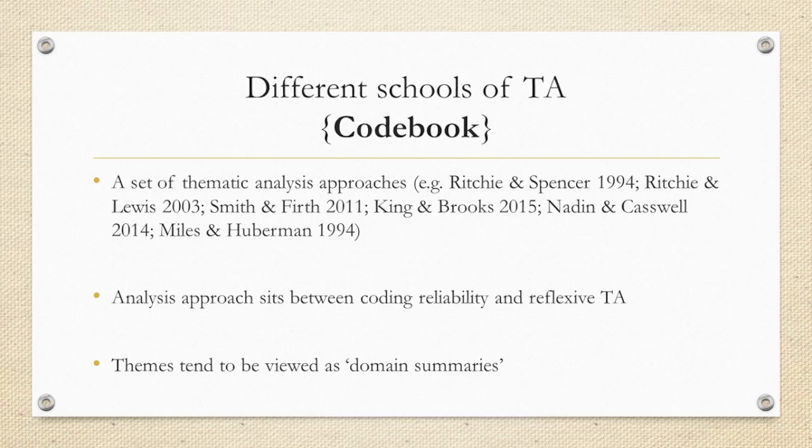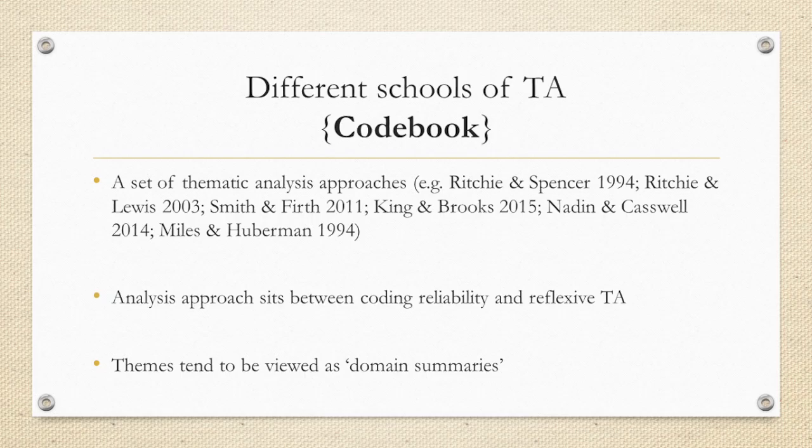It includes the framework approach by Ritchie and Spencer, 1994, Ritchie and Lewis, 2003, Smith and Firth, 2011, the template analysis approach by King and Brooks, 2015 and 2014, and the matrix analysis by Miles and Huberman from 1994, Nadin and Caswell from 2014, among many others.